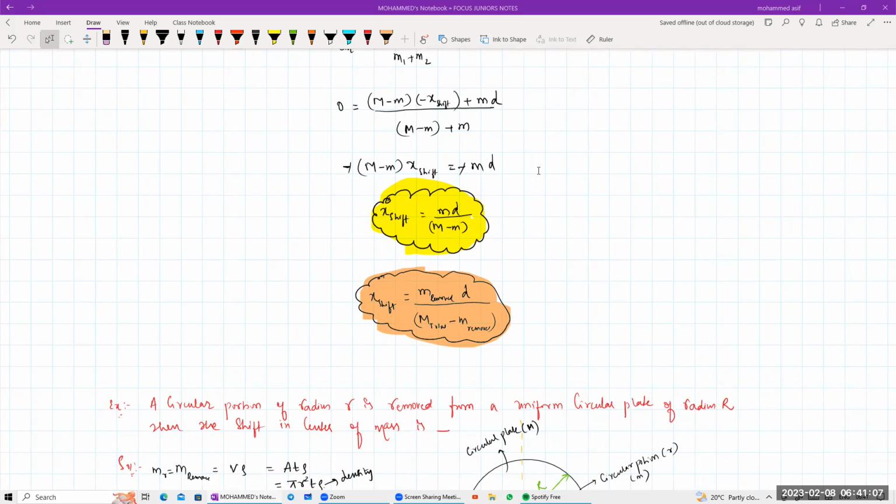So tomorrow's class will try to keep further derivations of some regular bodies of center of mass. ठीक है?